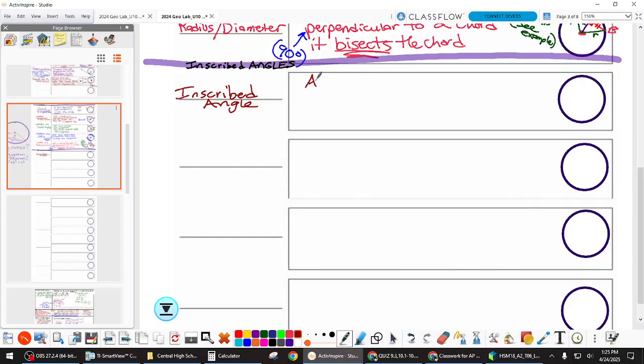So, we'll do this simple. An inscribed angle is an angle with its vertex. What's a vertex of an angle?